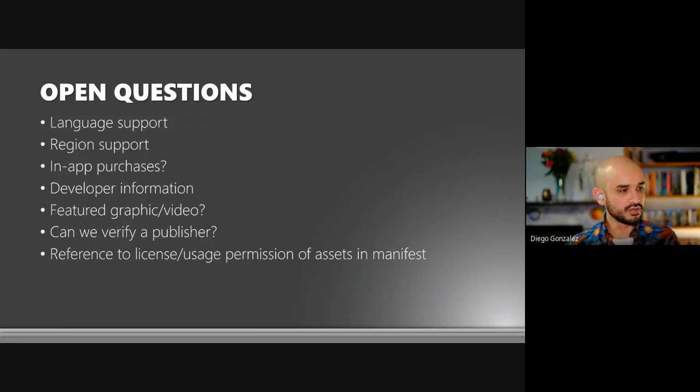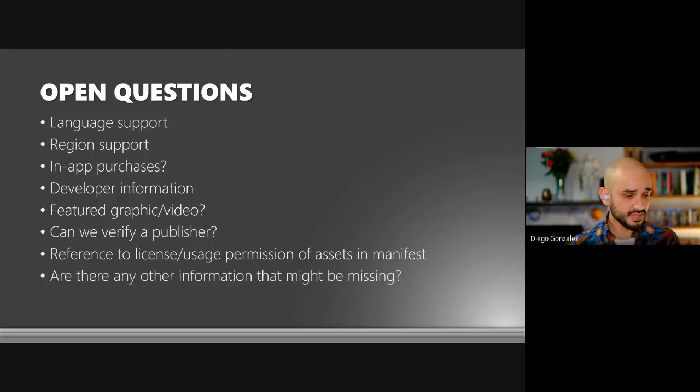This can be a requirement depending on the application store, on having to grant them permission and sign a license agreement to allow them to use the assets that are in the file. Is this something that we can solve by putting a field in the manifest file? And in general, is there any other information that might be missing?